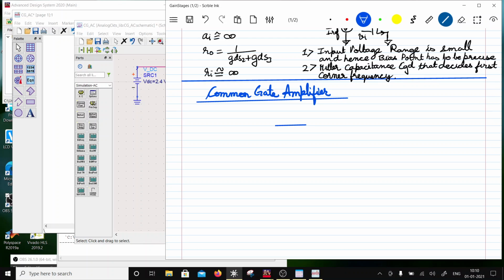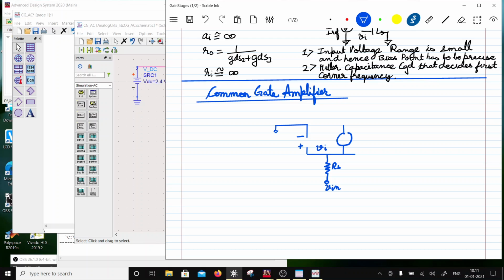I would have this side grounded, and I would have this side as the input, and I would have this as the source, and I would have gm which is inverted. So I would have here, let's say RS, and this is going to be Vin, and this is going to be VI. So plus minus, the direction is reversed.